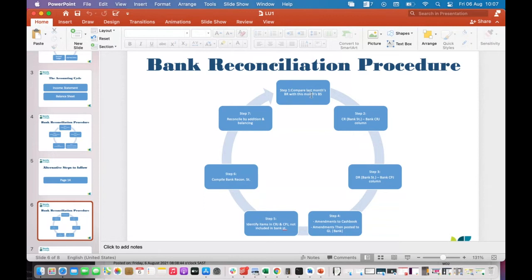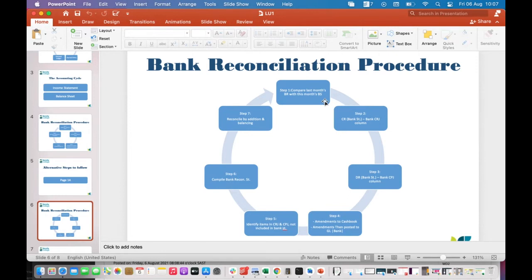So step number one, we're comparing last month's bank reconciliation statement with this month's bank reconciliation statement. Why are we doing that? We're doing that because a bank reconciliation statement is a document that we send over to our bank, that being Investec, saying that you guys forgot to do this, that, and the third.